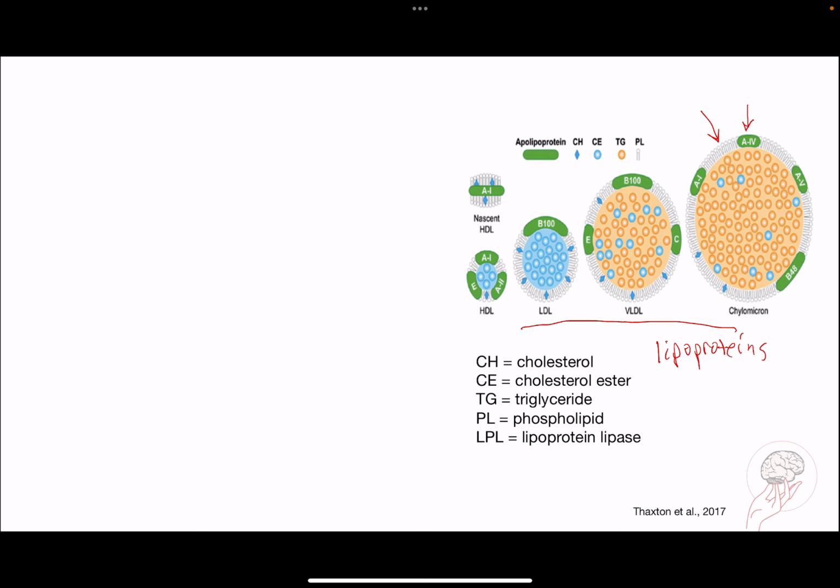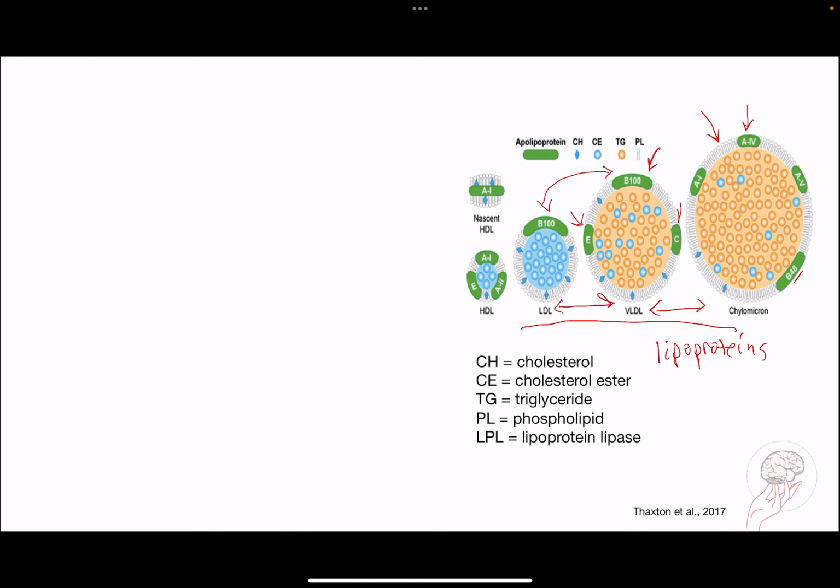So as you can see, chylomicrons have lipoproteins with various names, B48, A1, A4, A5, whereas a very low density lipoprotein has the lipoproteins B100, C, and E. You don't need to know all of the different lipoproteins, but what you do need to know is that a chylomicron has different lipoproteins than a VLDL, but the LDL and VLDL have similar lipoproteins.